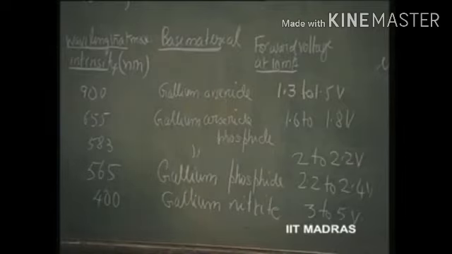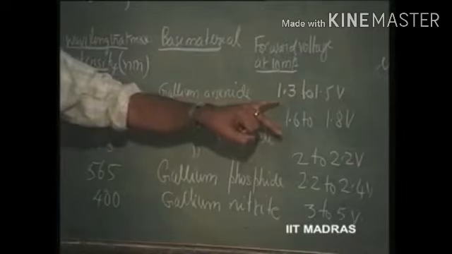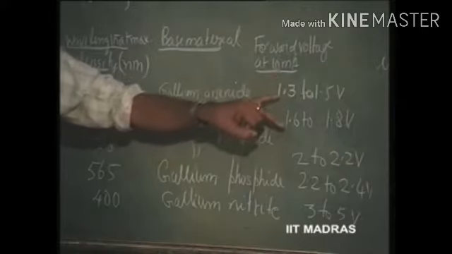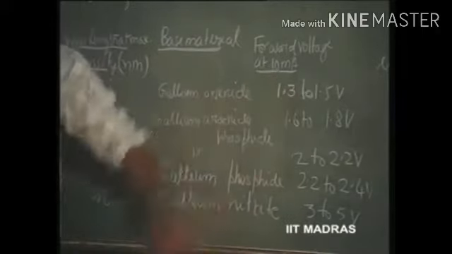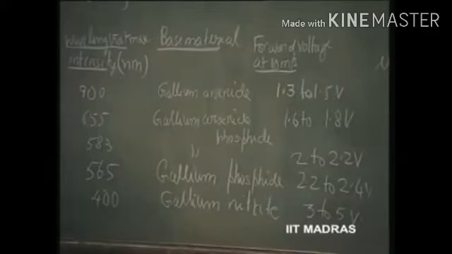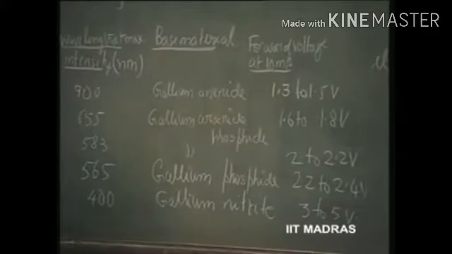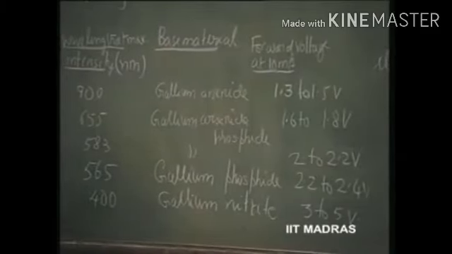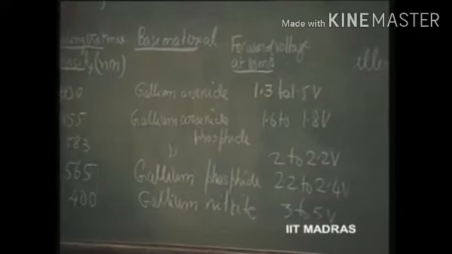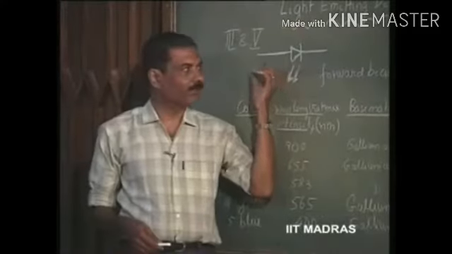But here it is greater than 1, for 10 milliamperes itself, about 1.5 volts. These typical values you should know in order to bias these so that they can emit sufficient intensity of light. The light intensity obviously depends upon the magnitude of current flowing through it.